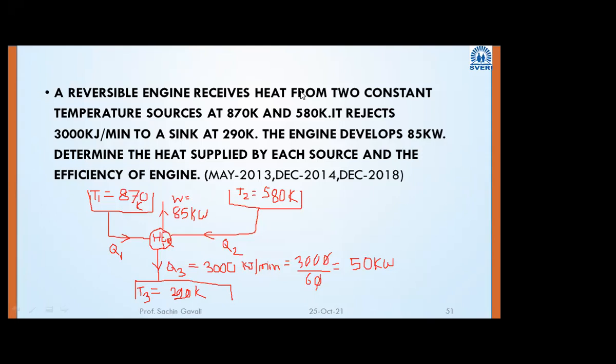Write it down, so that I can take the next procedure. Next we will go for the equation solving, very simple. It is a 3 reservoir problem. You can see it is 2 sources and 1 sink.